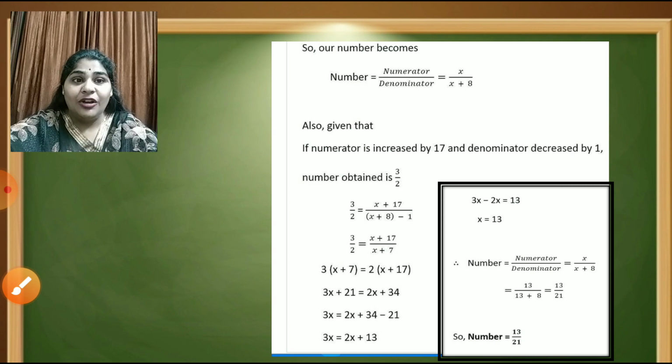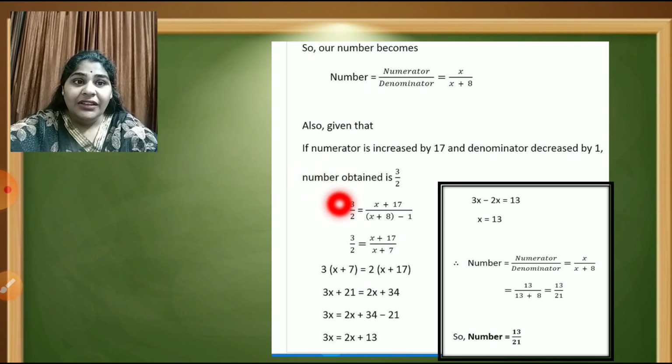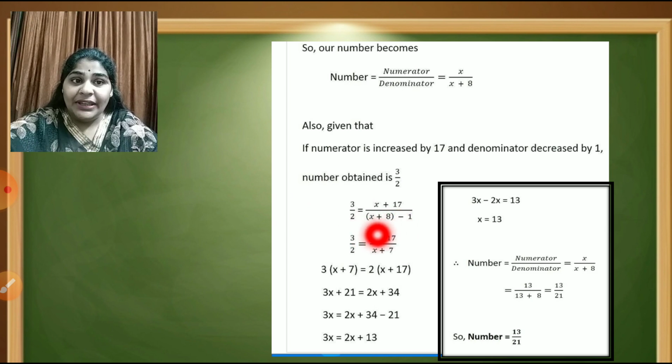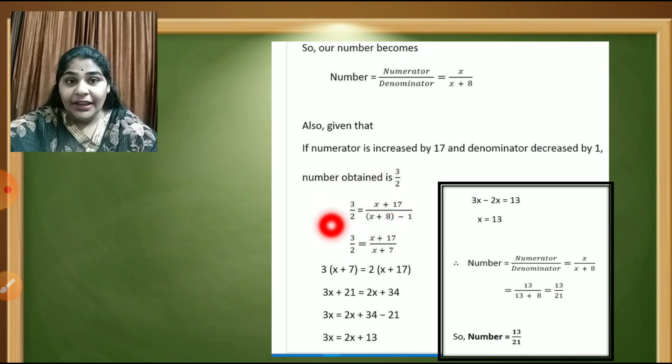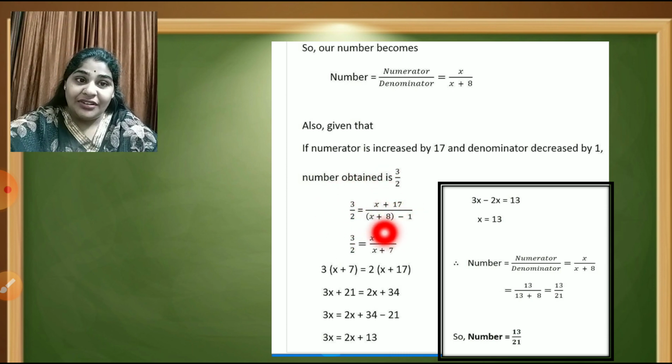You can see here now we got x plus 17 whole divided by x plus 8 minus 1 is equal to 3 upon 2. Either you write this in the left hand side or right hand side, doesn't matter, children, right? Obviously you have to later on solve it, right?